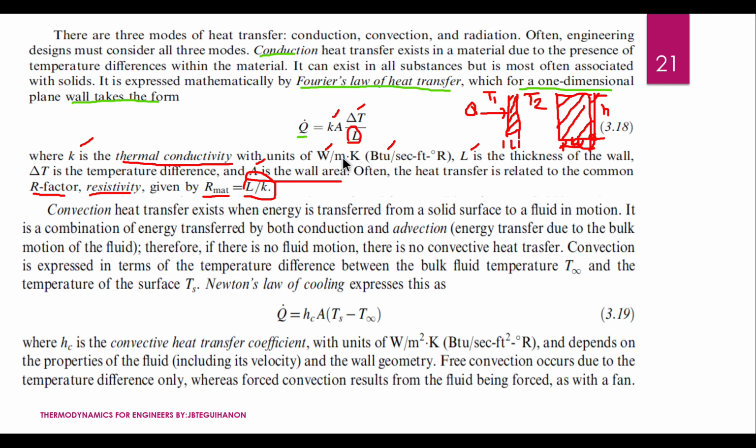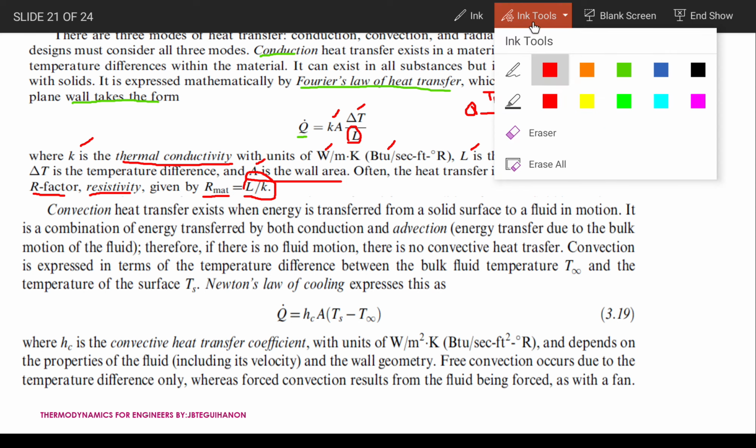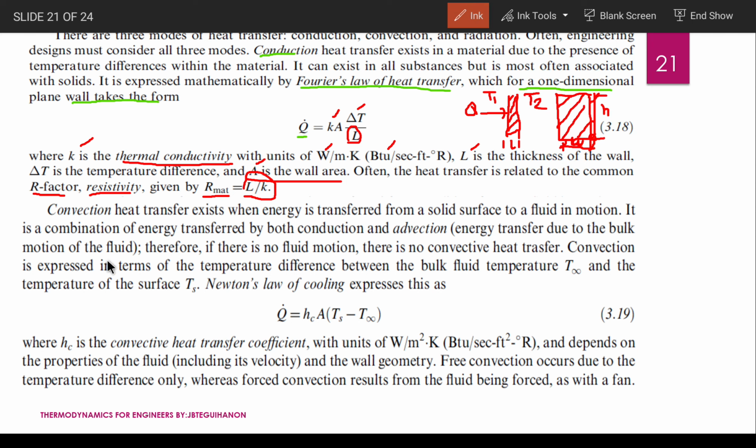So, ang pangalawang mode ay yung, after conduction, meron ka ng convection. Convection is a heat transfer that exists when energy is transferred from a solid surface to a liquid in motion.